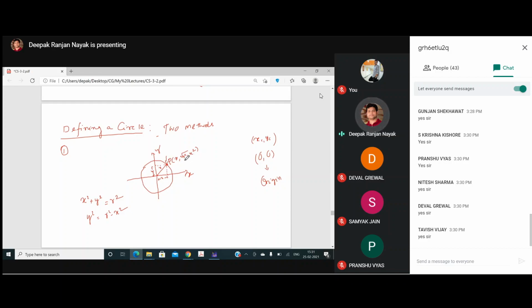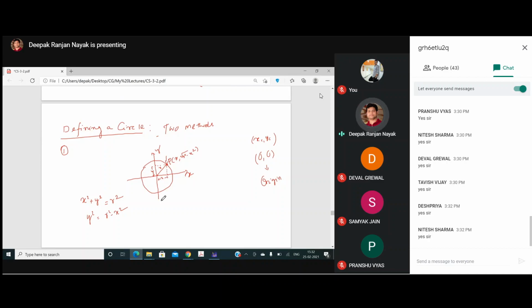But the problem is, it is computationally not efficient. Who can say why it is not computationally efficient? Because we have to calculate the power values, the root values, and all. So that means this is not the best method for generating a circle.